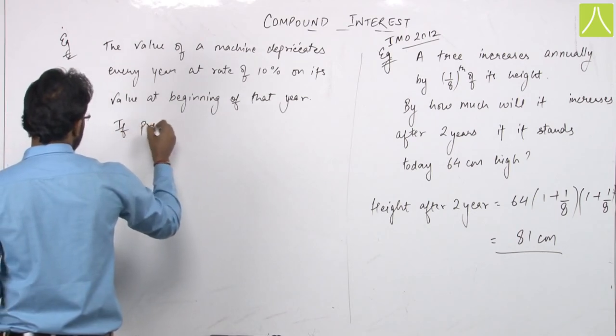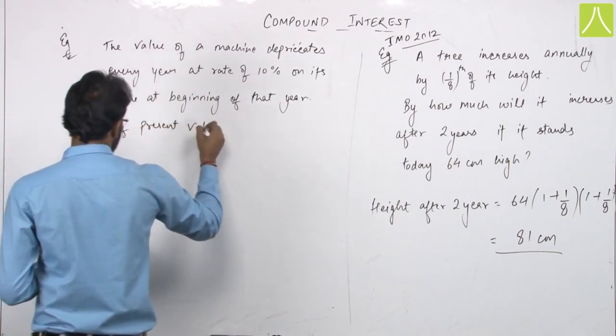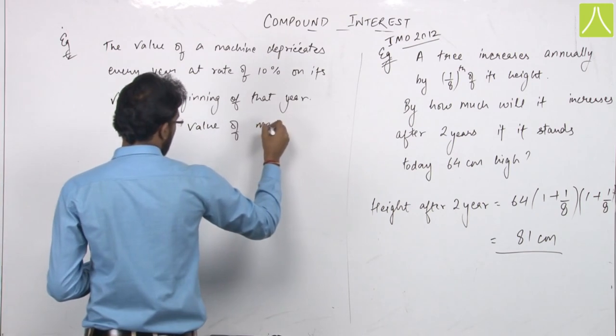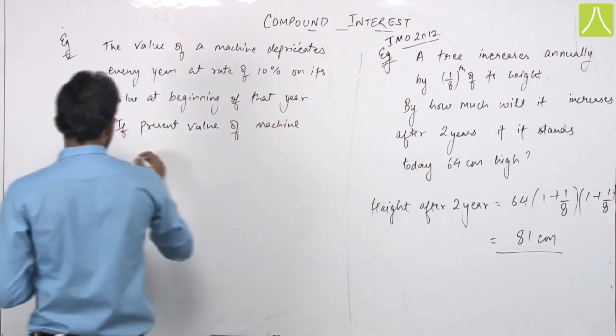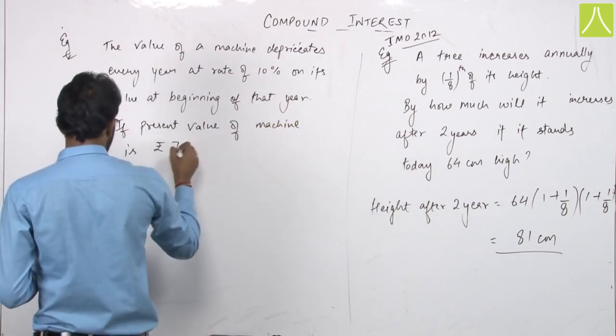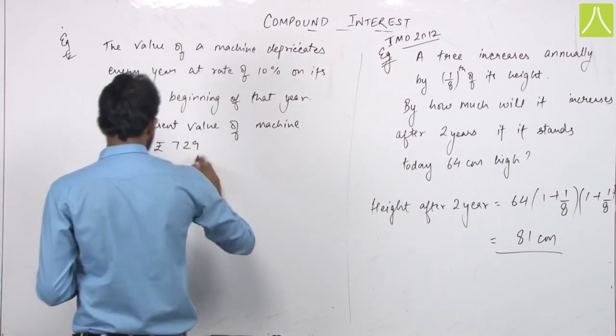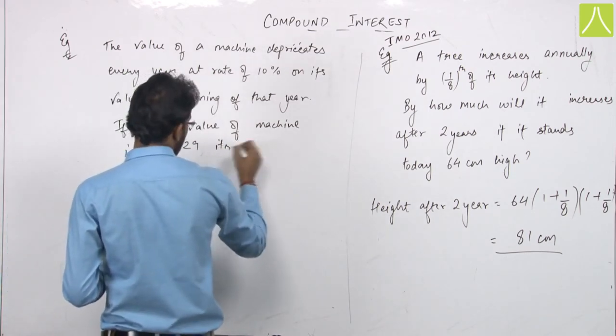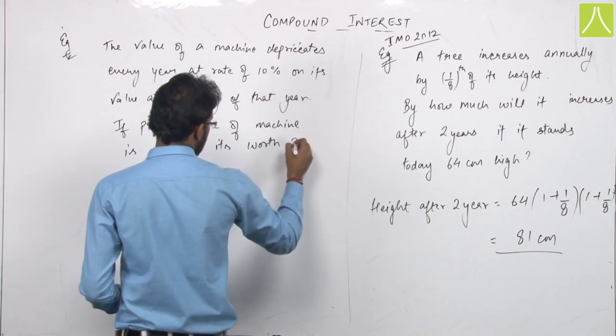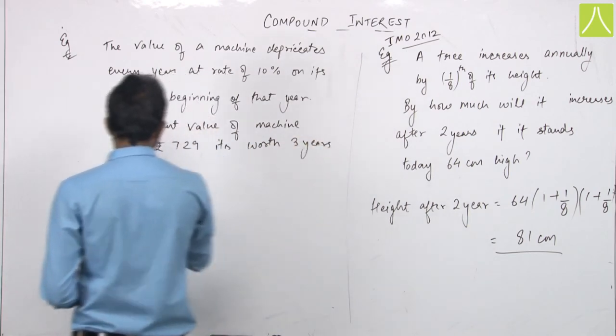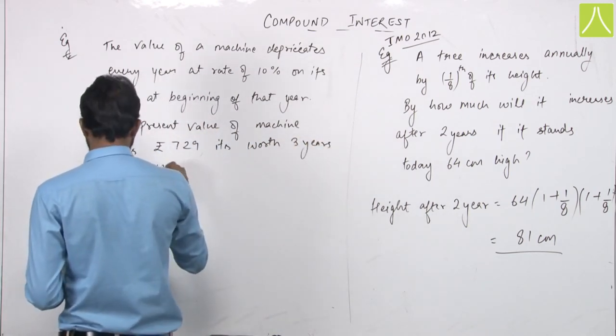We are given that the present value of the machine is rupees 729 only. We have to find its worth 3 years ago.